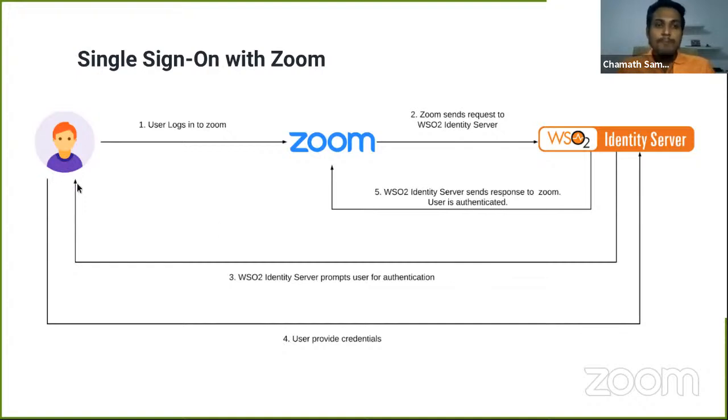Attributes such as username, email address, the photos, and everything you would do when you are creating a user profile. When the user gives consent to access those claims, Identity Server would send back those details to Zoom in the response. Zoom would read out these claims from the response, map those claims to their user attributes and create a user profile on your behalf.